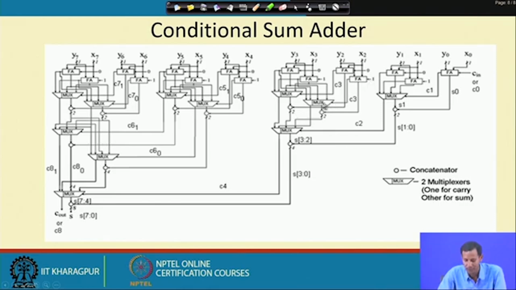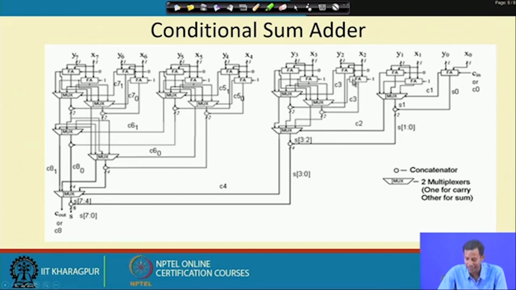So now we are using these two multiplexers for y2 and x2, which is just the previous carry of y3 and x3.